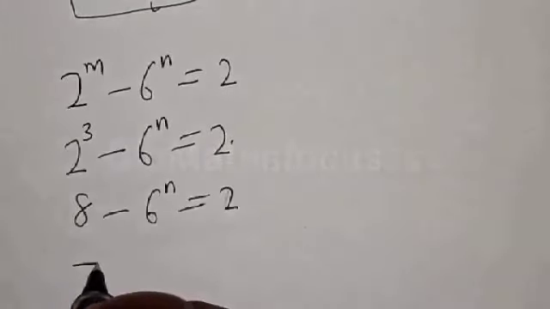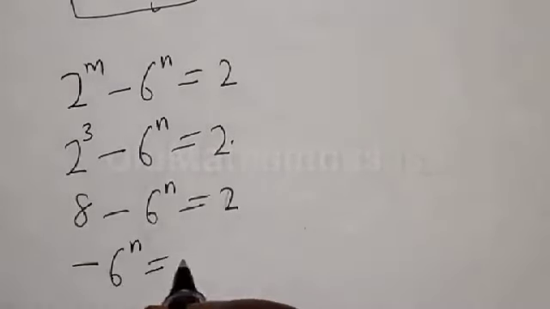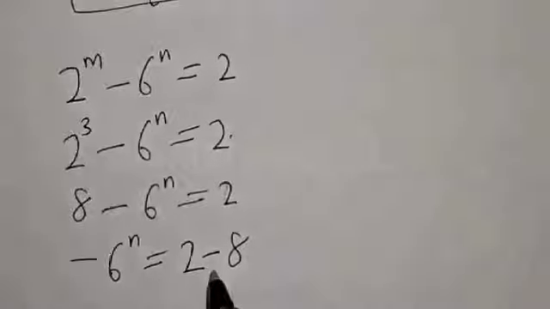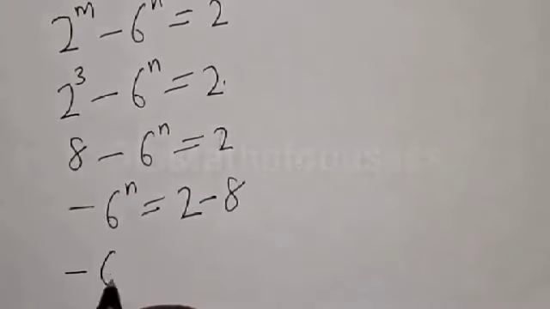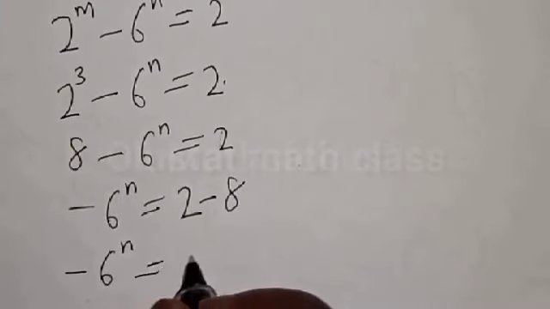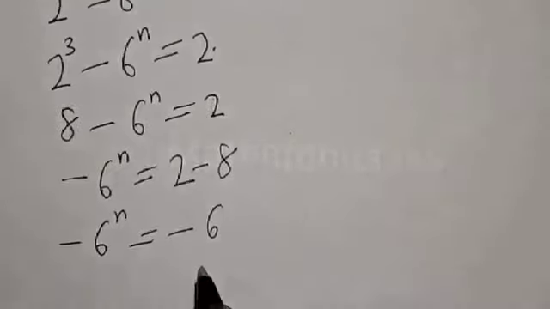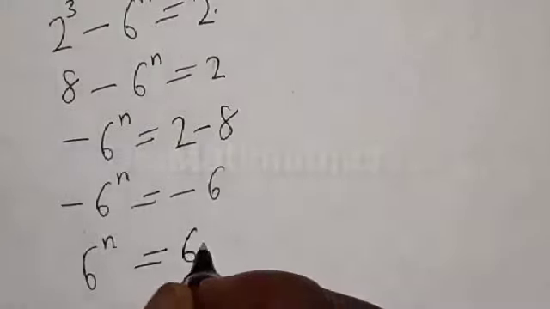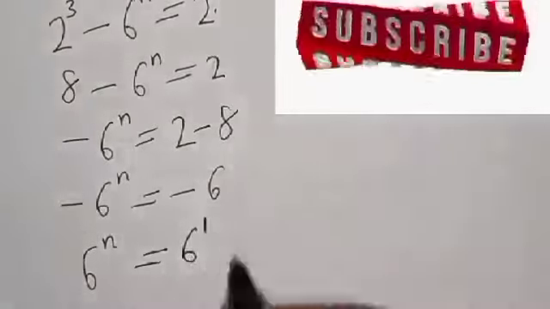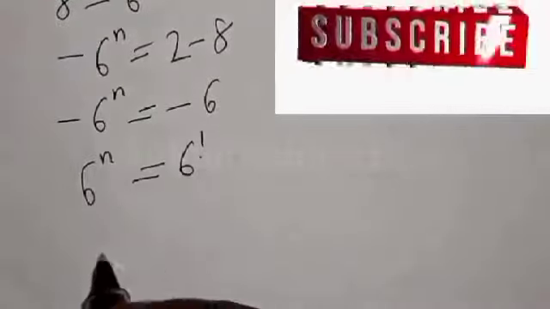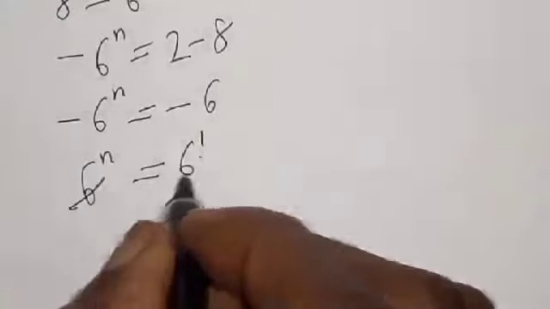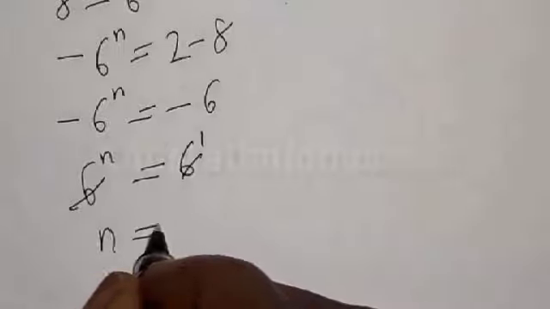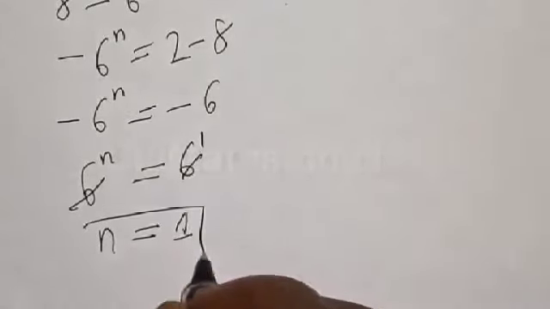Then minus 6 raised to the power n is equal to 2 minus 8, which is minus 6. Then 6 raised to the power n is equal to 6, which is the same thing as 6 raised to the power 1. They have the same base, so n is equal to 1.